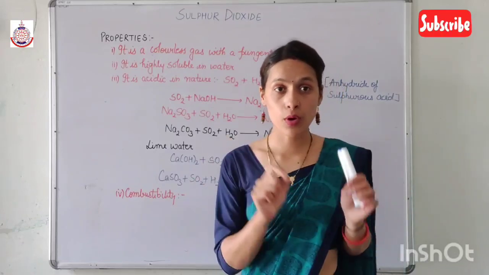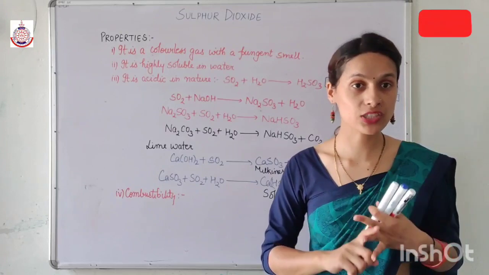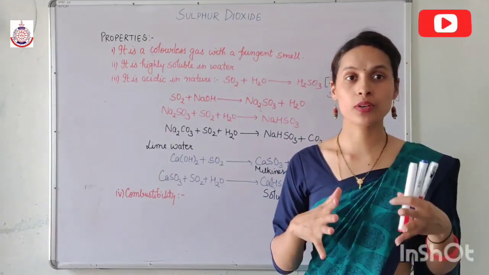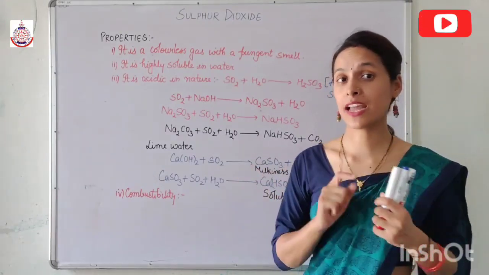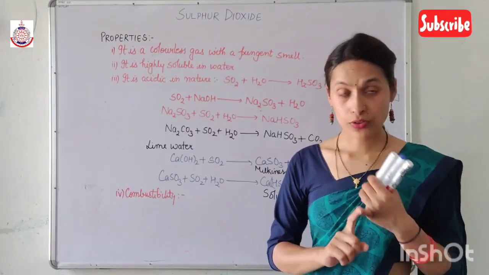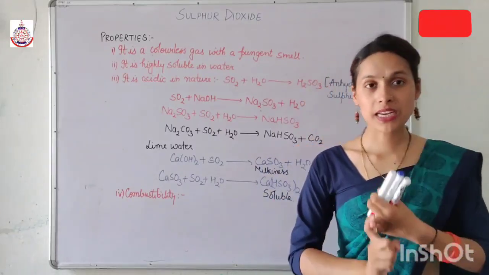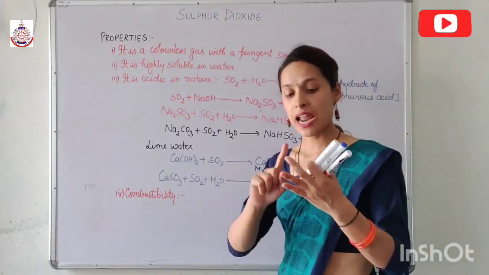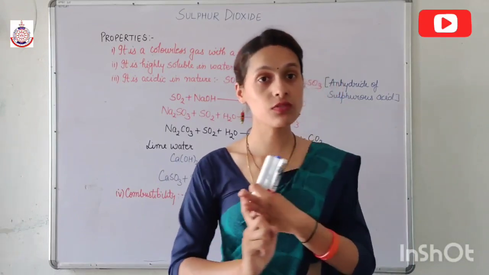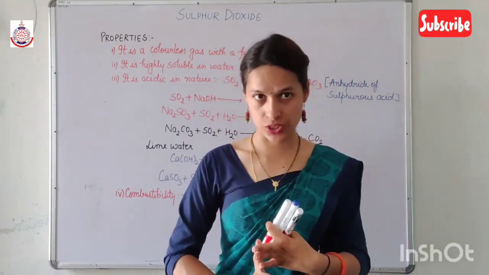Sulfur dioxide is neither combustible nor a supporter of combustion, but still some elements like heated carbon, heated magnesium, and heated potassium keep on burning in its presence. What is the reason behind this? The reactions of heated carbon, heated magnesium, and heated potassium with sulfur dioxide produce a very high amount of energy.